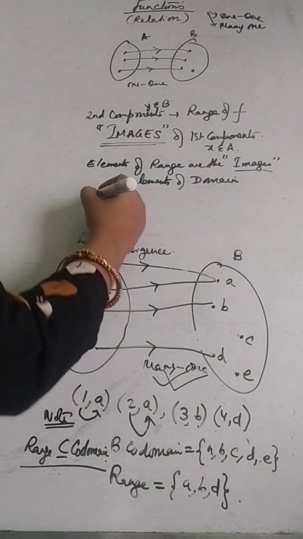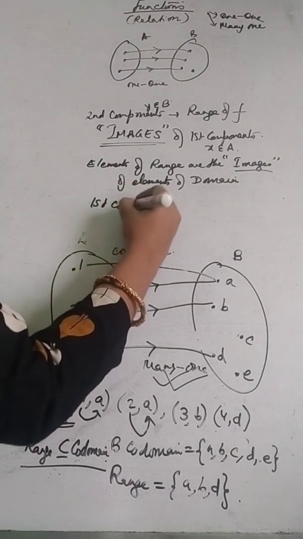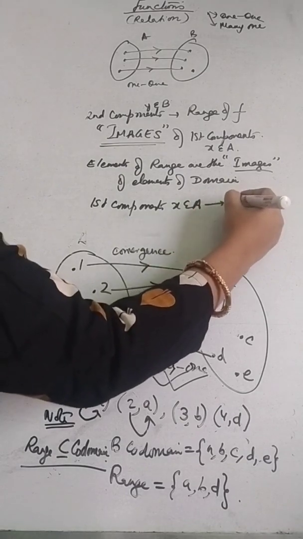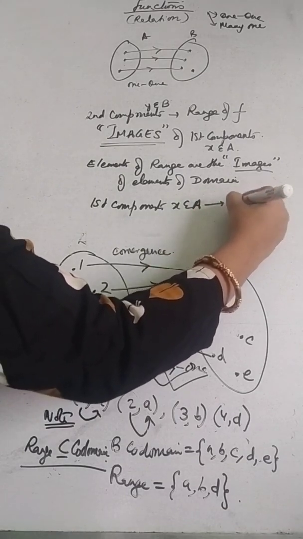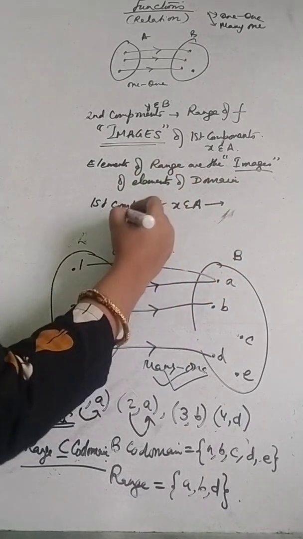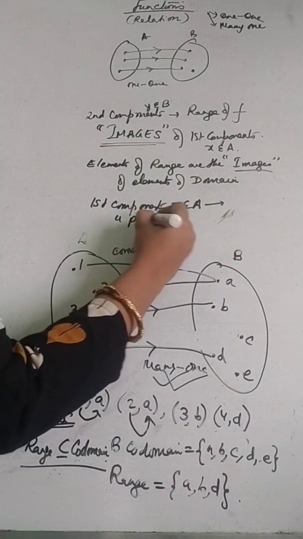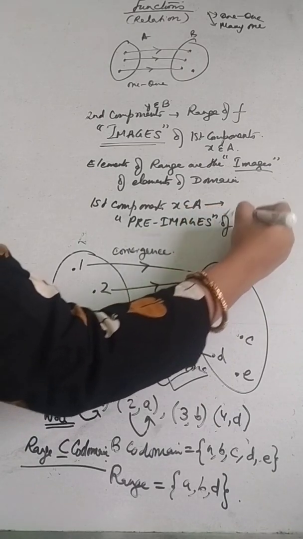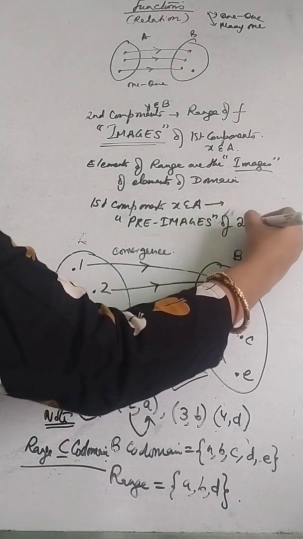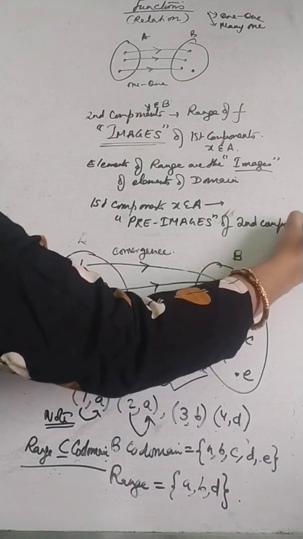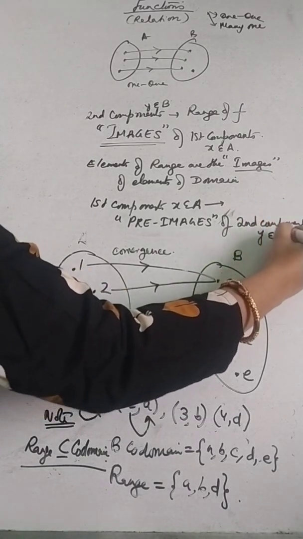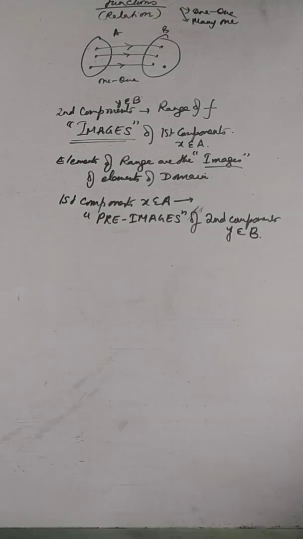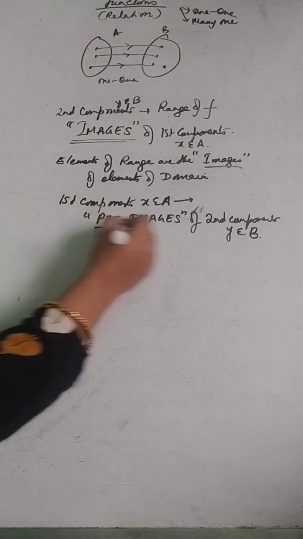They are said to be the images of the elements of domain, whereas elements of the domain, on the other hand, the first components, that is x belonging to the domain, are said to be pre-images of the second components y belonging to the set B. In other words, be familiar with this term also.